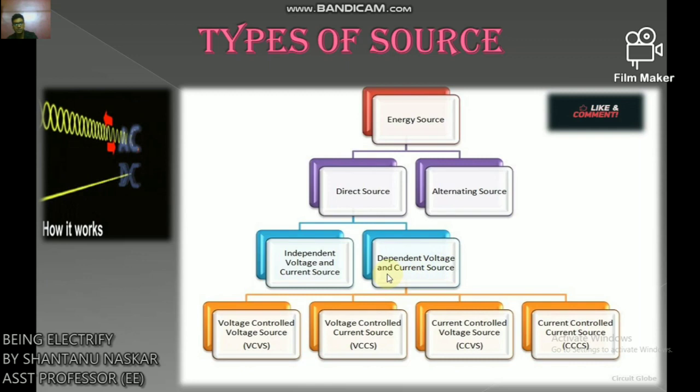The dependent voltage and current source can be classified into voltage controlled voltage source, which is called VCVS, voltage controlled current source, which is called VCCS, current controlled voltage source, which is called CCVS, and current controlled current source, which is called CCCS.